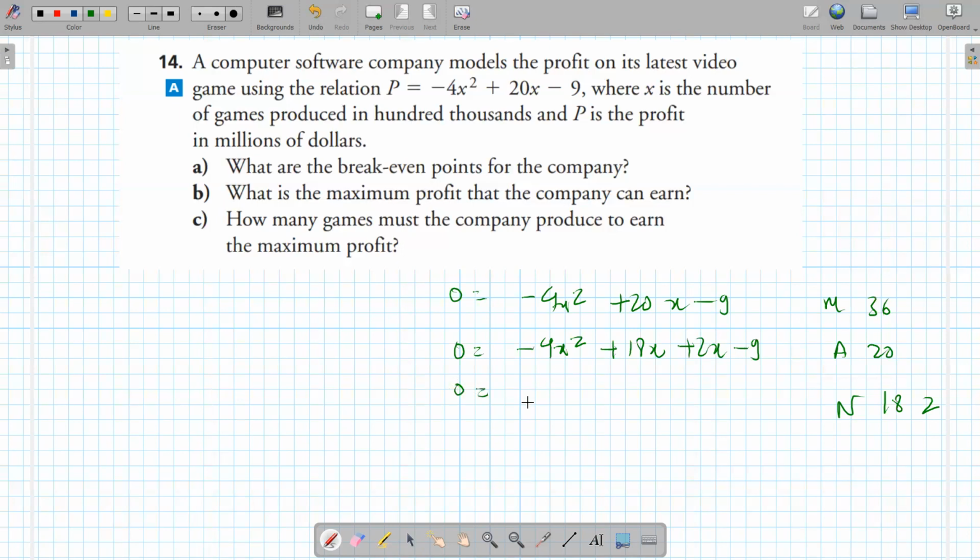What can we pull out from the first two terms? Can we pull out a 4? You can't pull out a 4, so it has to be 2x. Now that's going to lead us into a problem, which is fine because this is good practice.